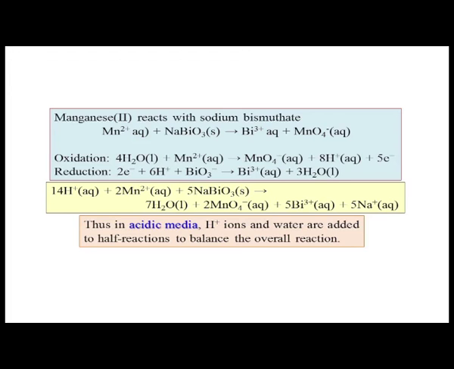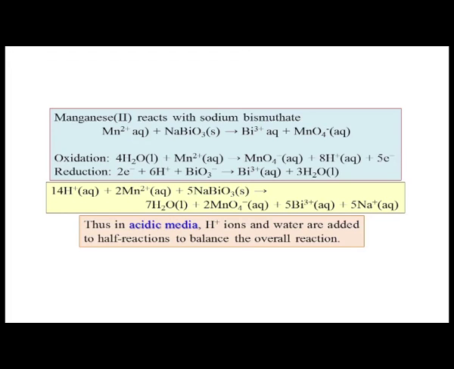And all these reactions take place in acidic medium, and hydrogen ions and water are added to these half reactions to balance the overall reaction. We have to balance this overall reaction, because we are utilizing 14H+ and forming 7H2O.